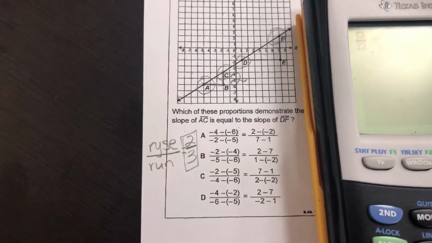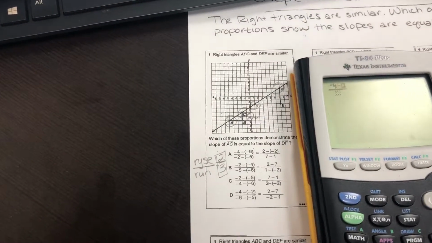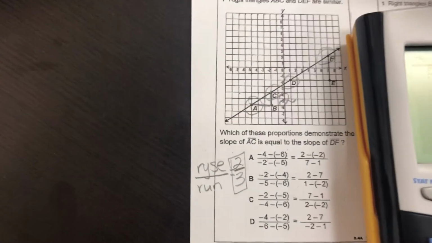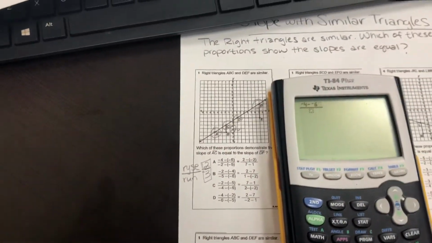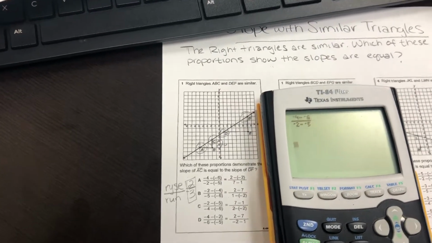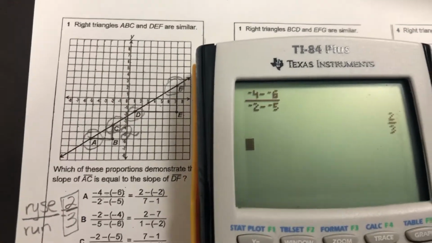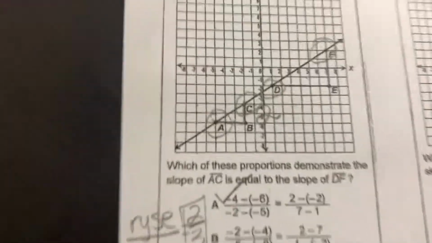So we've got -4 minus -6 over -2 minus -5. Boom. All right, so that gave us a positive 2/3. So that's good so far. So we'll put like a little check next to that first little setup right here.